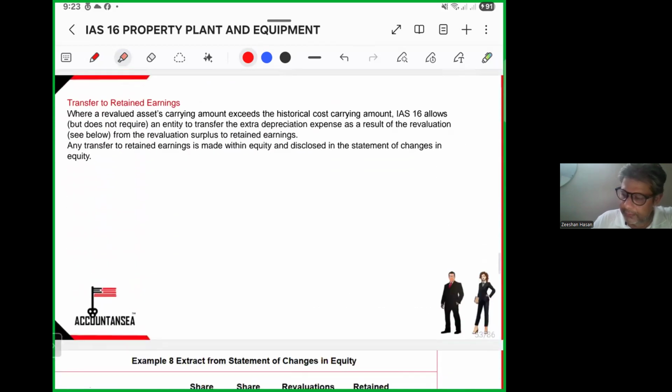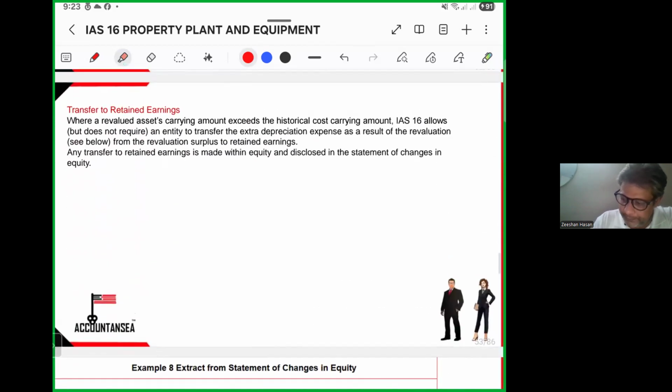Now the next thing, where the revalued asset's carrying amount exceeds the historical carrying amount.